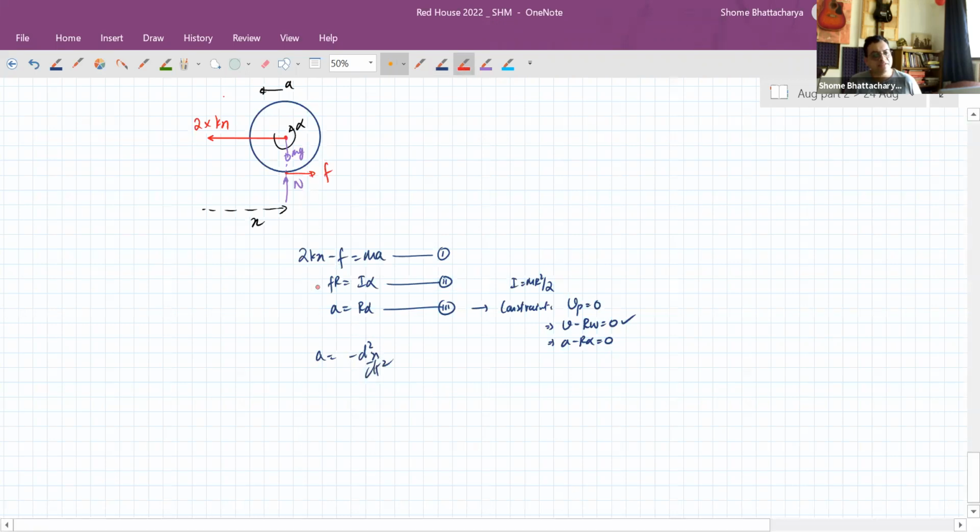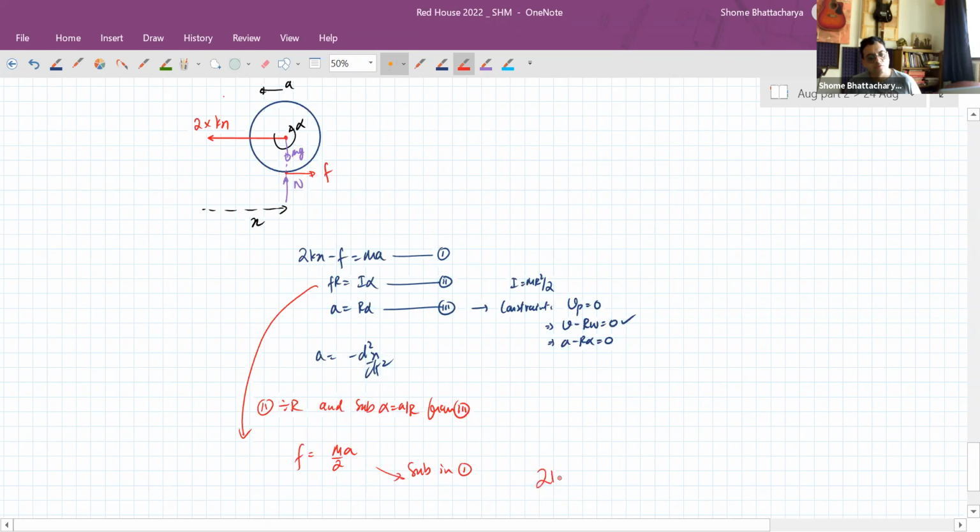So what we'll do is take the second equation and divide it by R, and substitute alpha as a by R from equation 3. So the second equation will become that f is equal to m by 2 a. And now substitute this in equation 1.